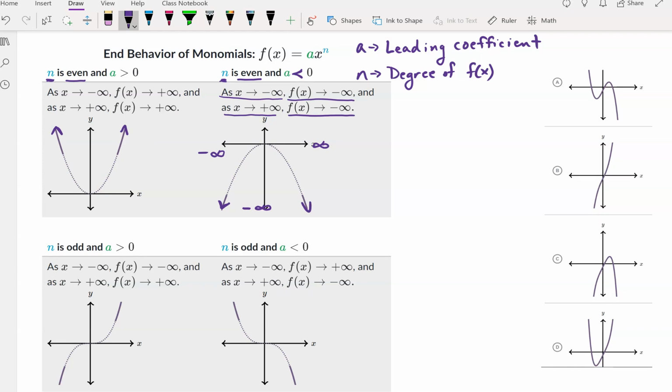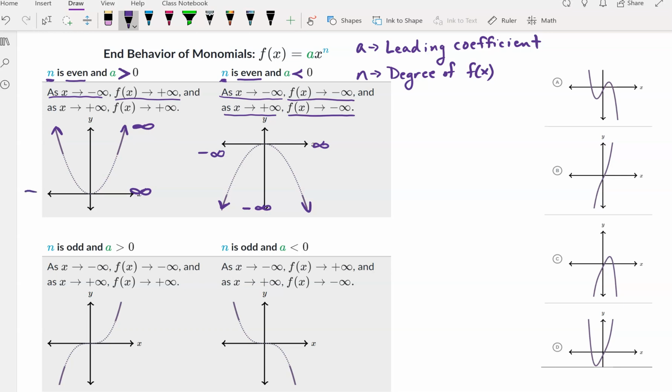And that happens if your a value is negative. So if n is even degree, a is negative. And then similar reasoning here, if your a value is positive, so if it's greater than 0, as x approaches infinity, y is approaching infinity. So we have this notation. You see how that notation looks? That's what I'm looking for right there.